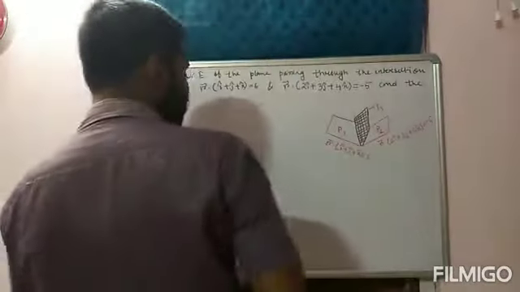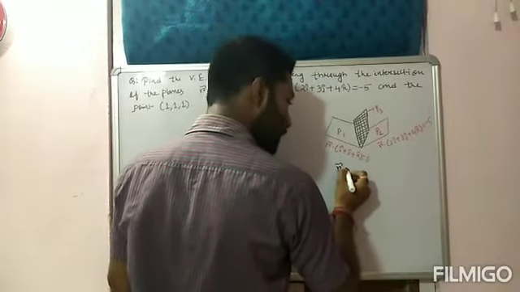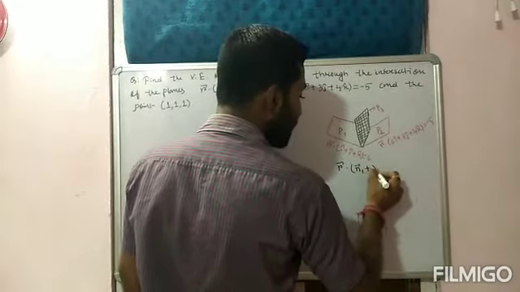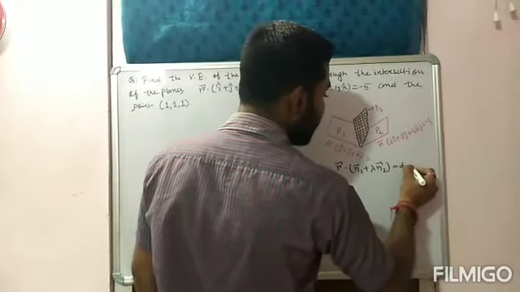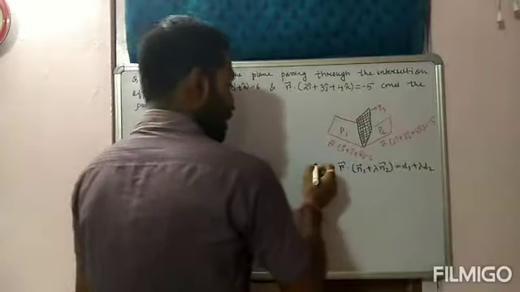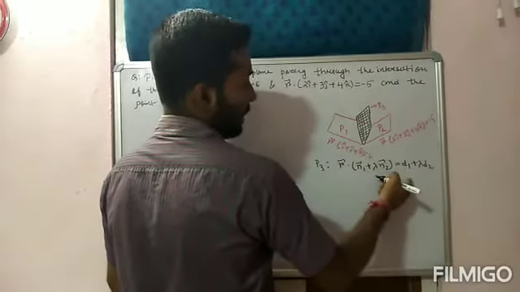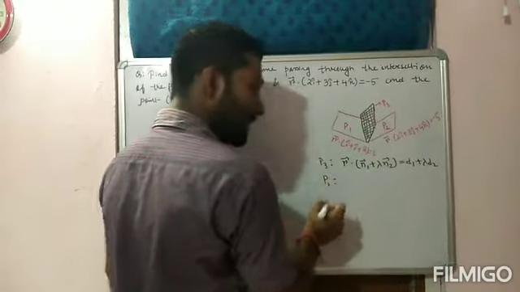So we all know the vector equation of a plane passing through the intersection of another two planes is r dot (n1 plus lambda into n2) equal to d1 plus lambda into d2. So we can say that the equation of the third plane will be this one only. For this, we should know the equation of the first and second plane also.